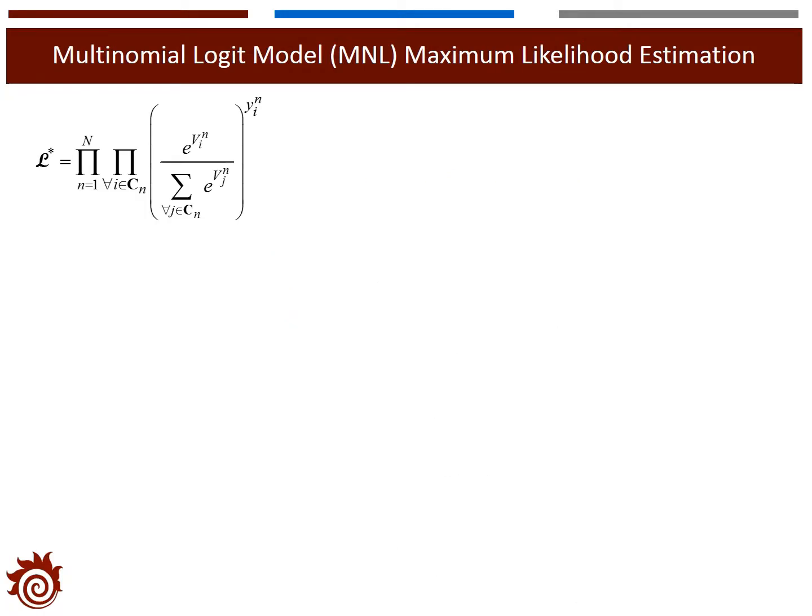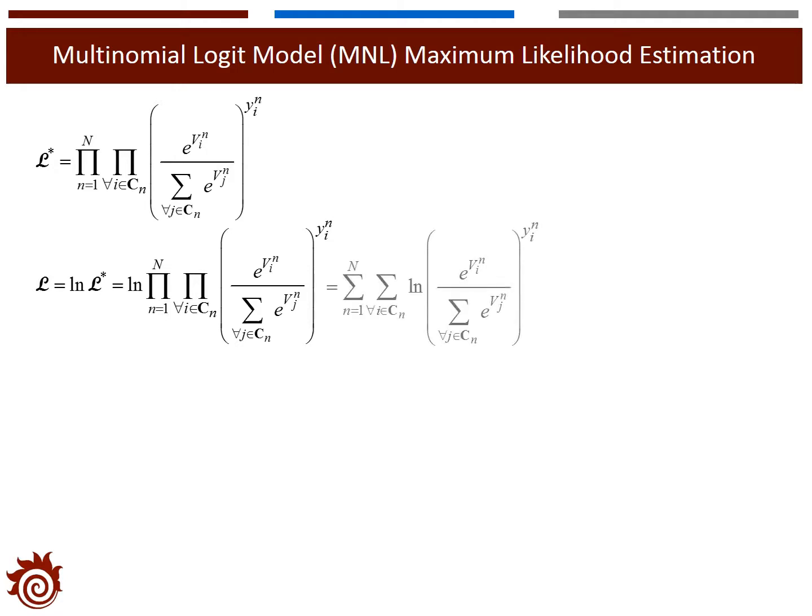As we specified previously, the log transformation will be applied to the likelihood function, and these would be the steps for us to find the log likelihood function. First, we apply the log operation to this function, and all the product operations will become summations.